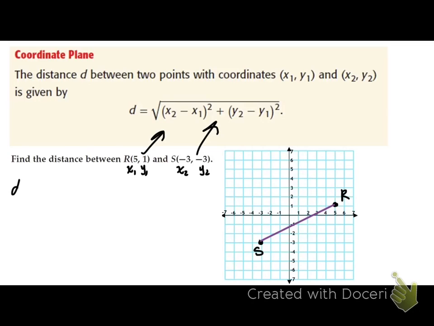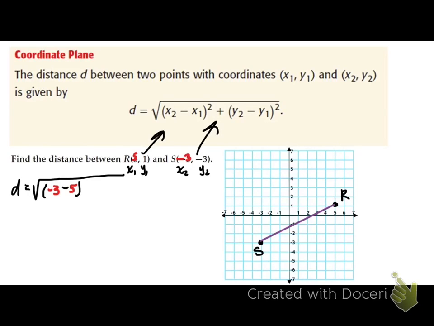The distance for this is going to be the square root of our quantity, x2, which is -3. So I'm going to plug in -3, minus x1, which is 5. Minus 5.